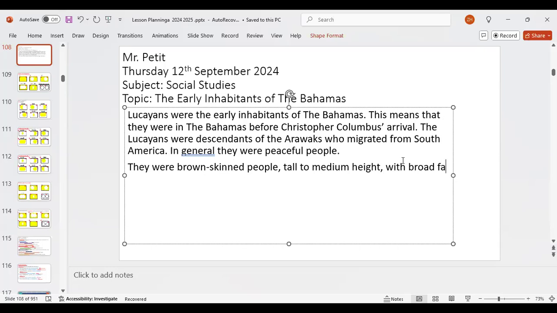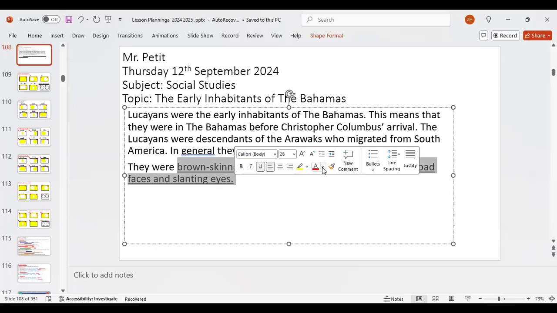Broad faces and slanting eyes. Very good. So they kind of looked Chinese, right? They had a slightly Chinese look, with slanting eyes. So: brown skin, tall to medium height, broad faces, slanting eyes.